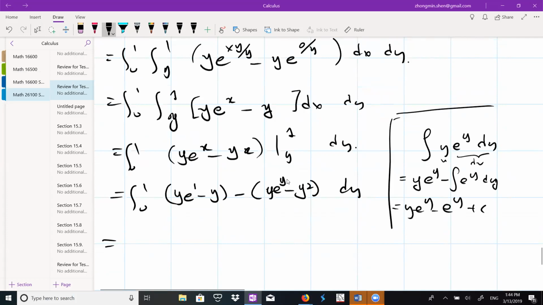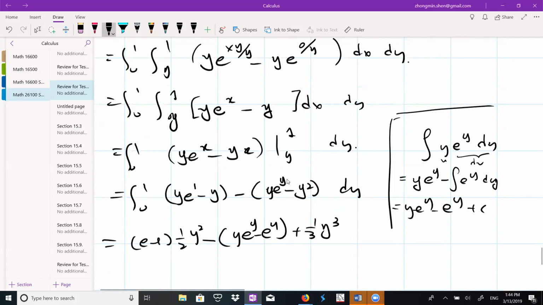So you can check that this will be the antiderivative of the function y times e to the y. So here e minus 1, right? And times y. So the antiderivative will be y squared minus, this will be y e to the y minus e to the y plus 1/3 y cubed.